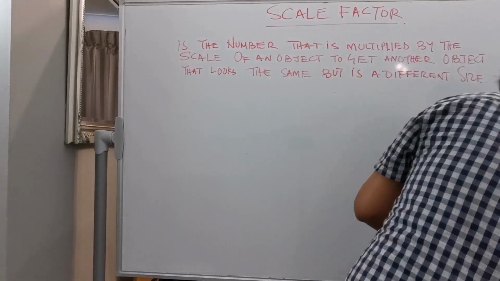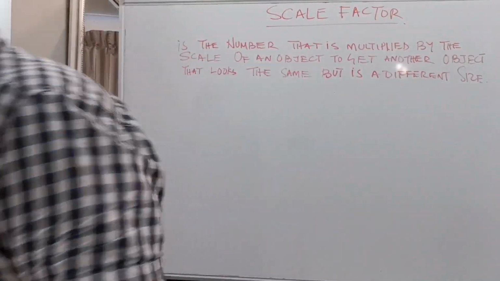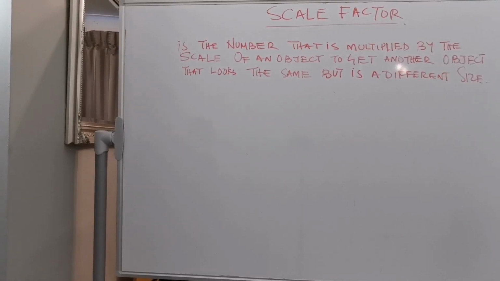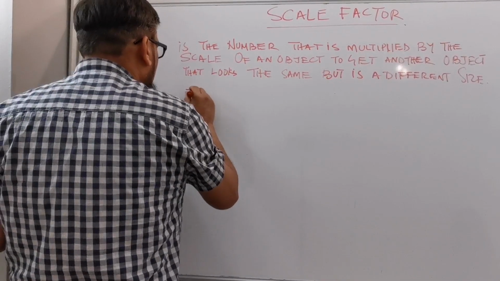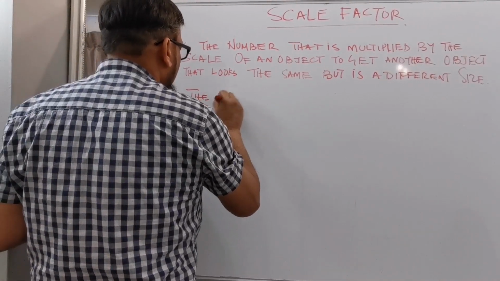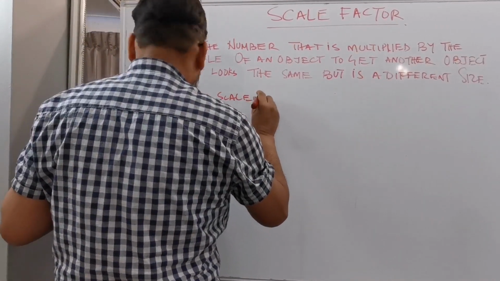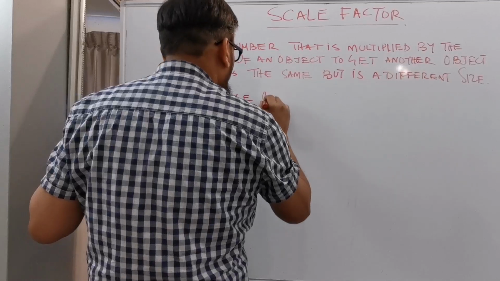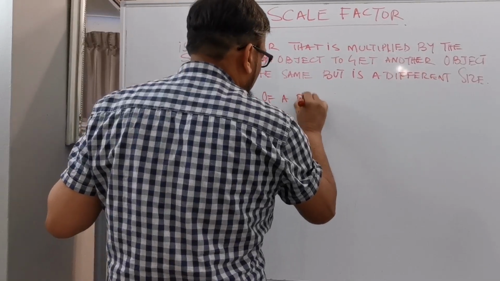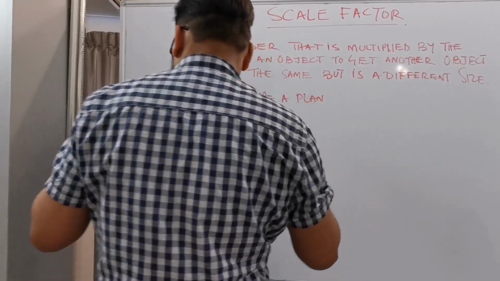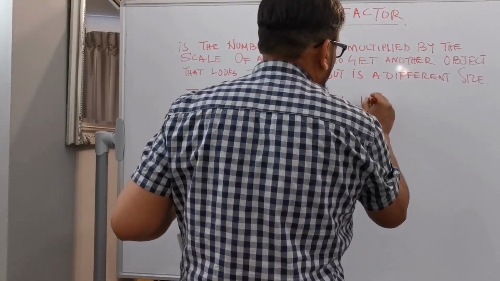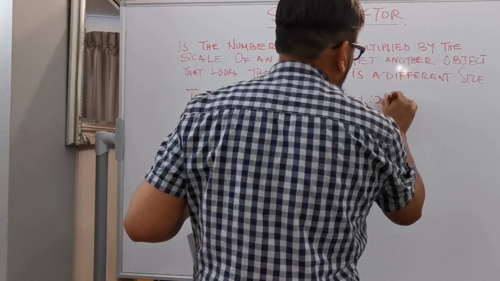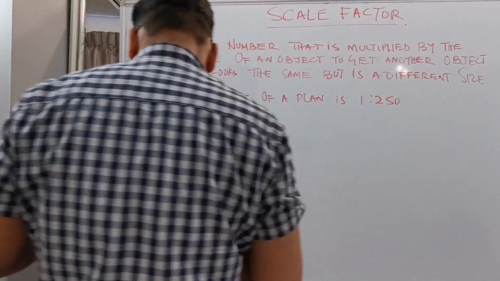In this example, the question is: the scale of a plan is 1:250.